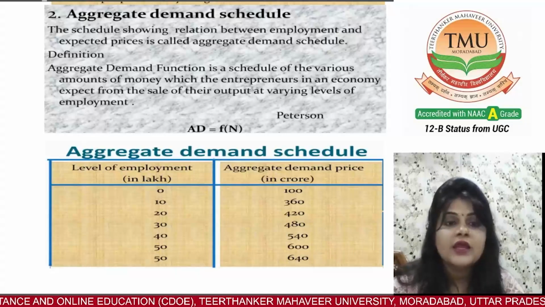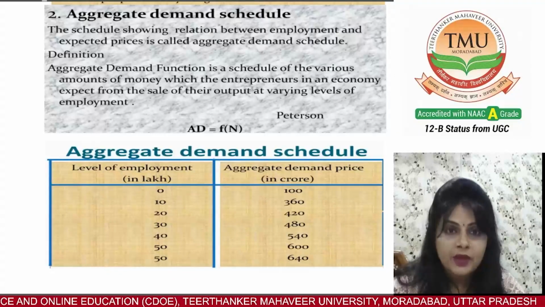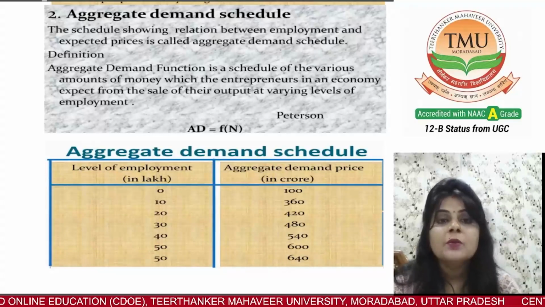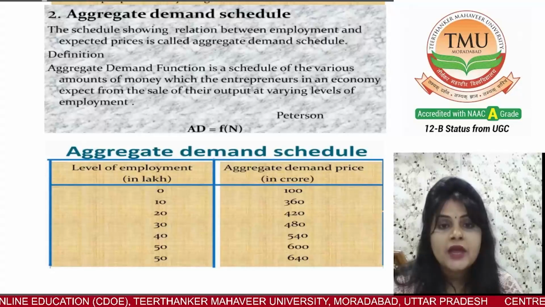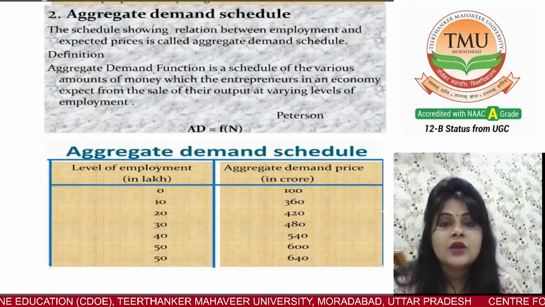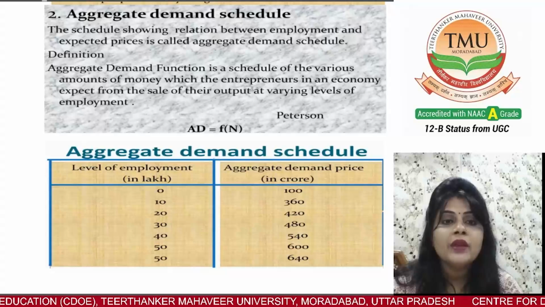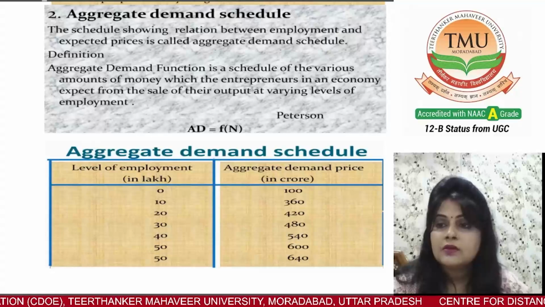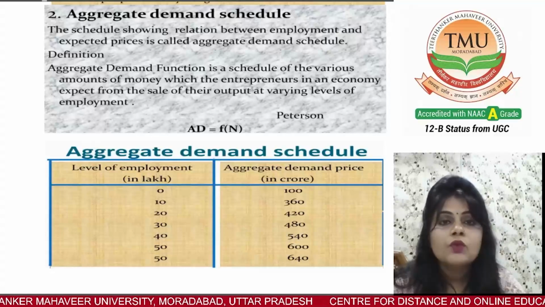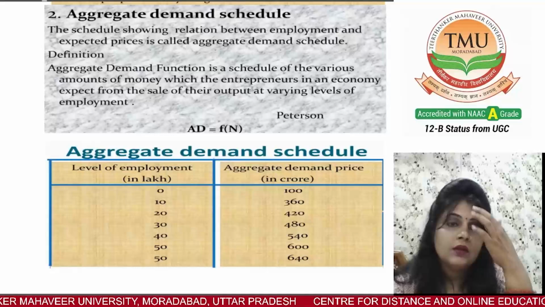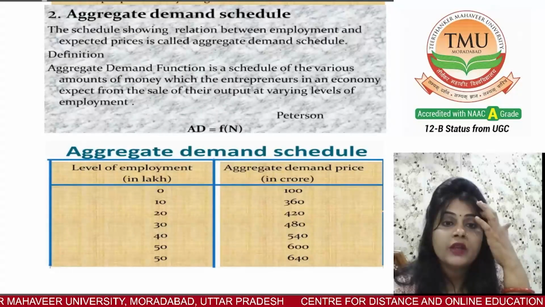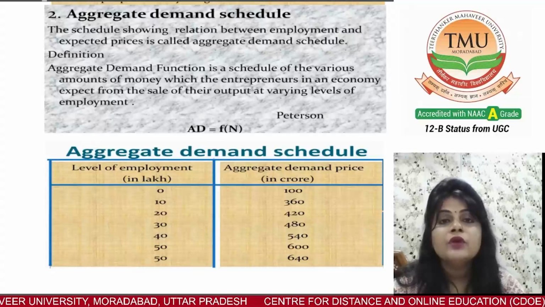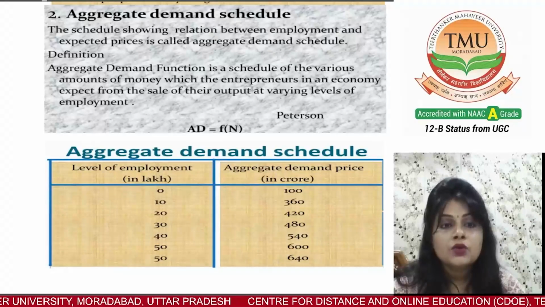The table reveals that with the increase in the level of employment, the expected proceeds rise. You can see that at a lower level of employment the proceeds expected decline, and when 40 lakh people are provided jobs the proceeds are 540 crores.